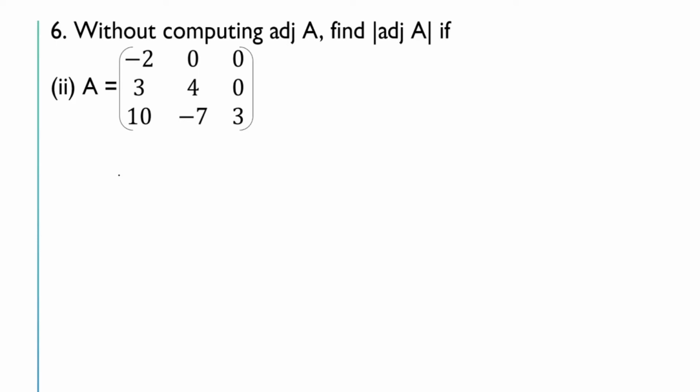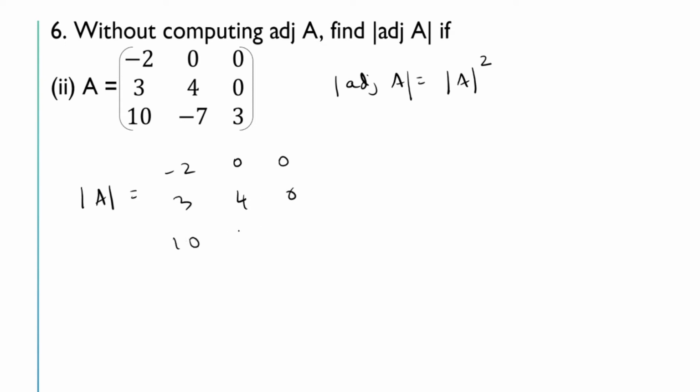Now, the next question: A is a matrix of order 3, minus 2, 0, 0, 3, 4, 0, 10, minus 7, 3. In this case, determinant of adjoint of A is equal to determinant of A the whole raised to 3 minus 1, it is determinant of A the whole square. Determinant of A is equal to the determinant of minus 2, 0, 0, 3, 4, 0, 10, minus 7, 3. Since we have more zeros in the first row, we can expand along the first row.